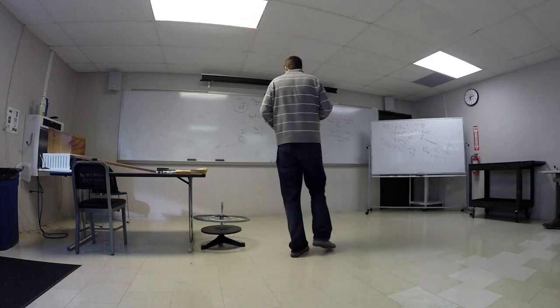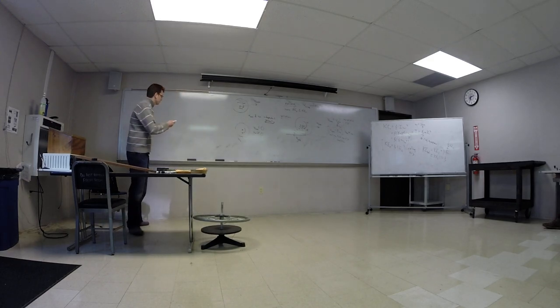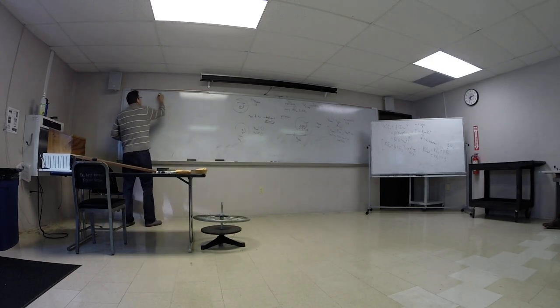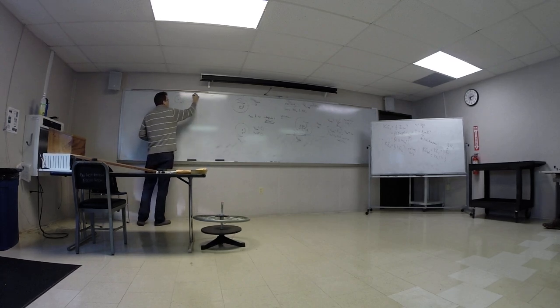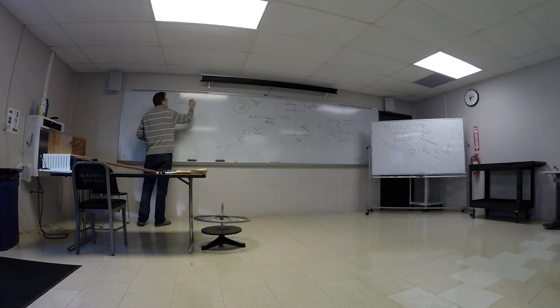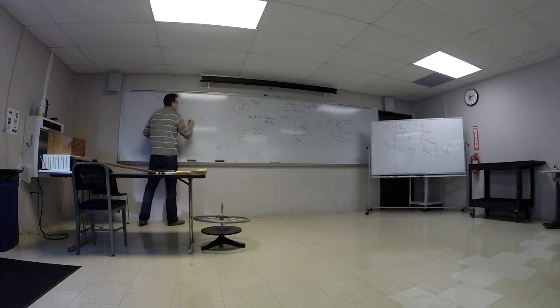All right, so let's do a problem where we have this. Here's my example. I'm going to have a solid disk, and I'm going to have a thin ring, and they're going to have a race down an incline.